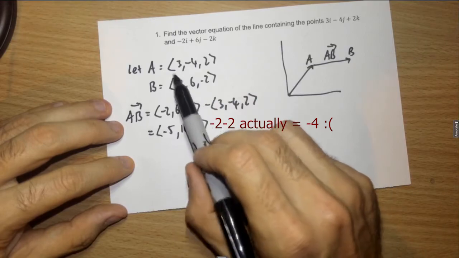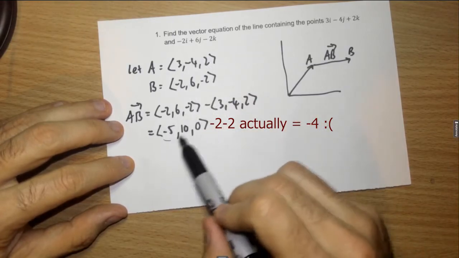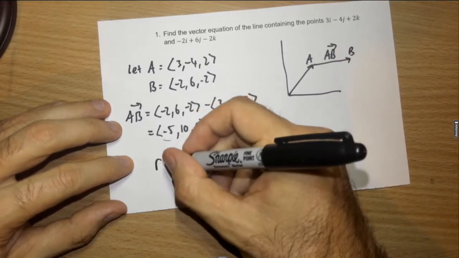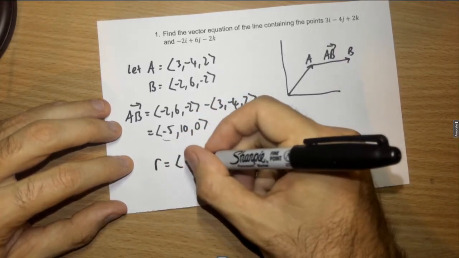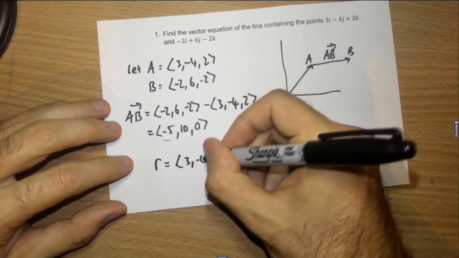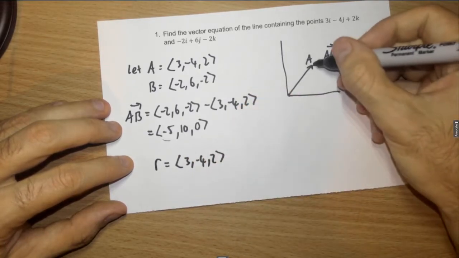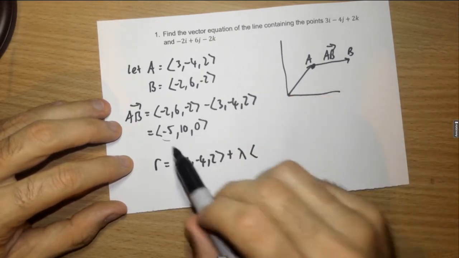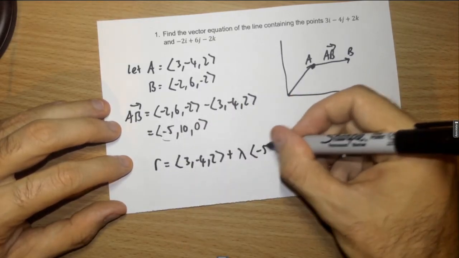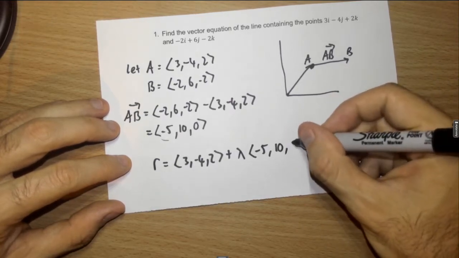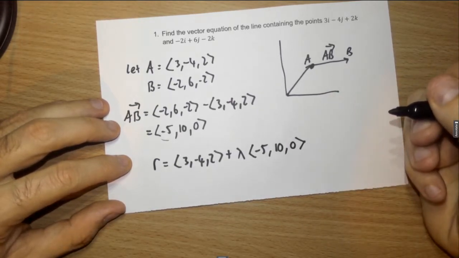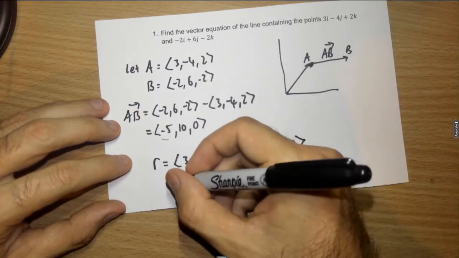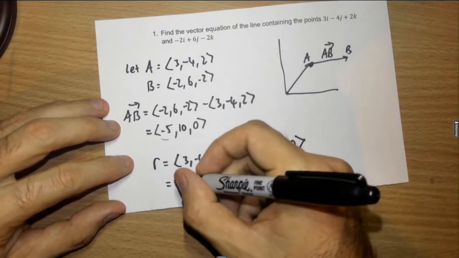Now, we've got a point in the line, we've got the direction of the line, so we can write the equation of the line. So the vector equation of the line going through A and B is going to be 3, negative 4, 2, so that's point A, and then we're going to add lambda times vector AB, which is negative 5, 10, and 0. And again, the question is given to us in component form, so I'll just write my answer in component form as well.